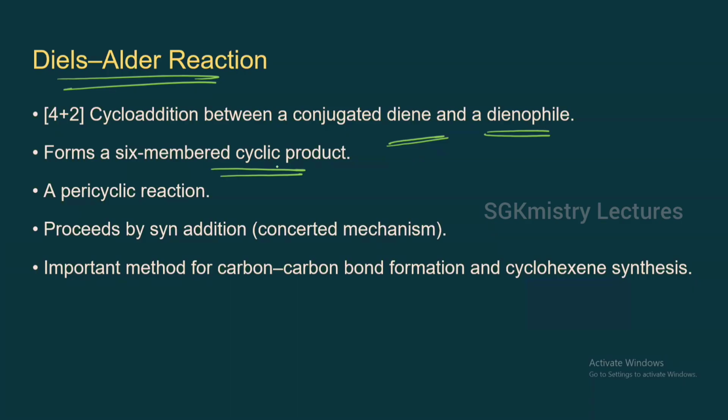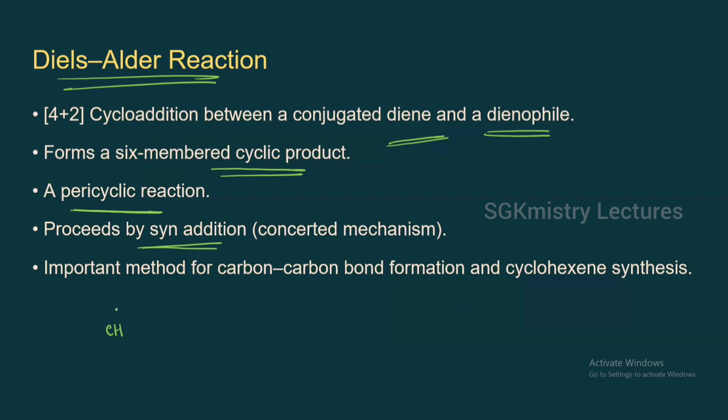This is called the Diels-Alder reaction. This type of addition is also a pericyclic reaction, and again here the syn addition takes place. Here also carbon-carbon bond formation takes place, because of which we are going to get the cyclohexene and the derivatives of cyclohexane. So let us take the example.